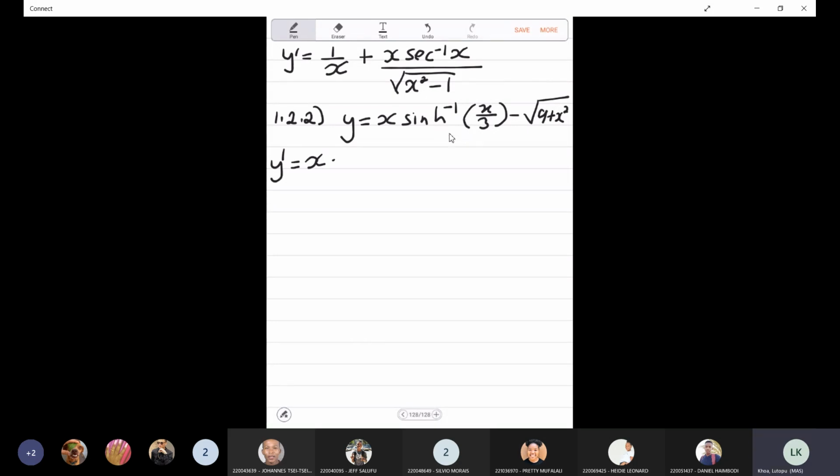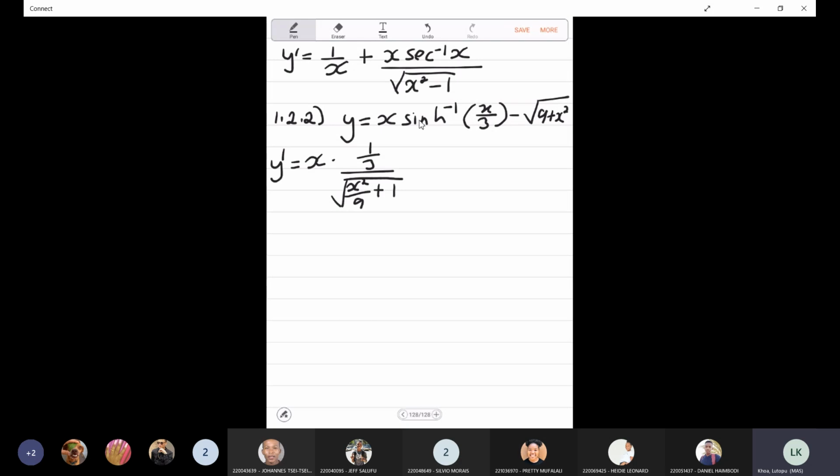So we know how to differentiate sine hyperbolic inverse. In the numerator, we have the derivative of x over 3, which is 1 over 3. And then in the denominator, we have the square root of our function squared, so I have x squared over 9 plus 1.